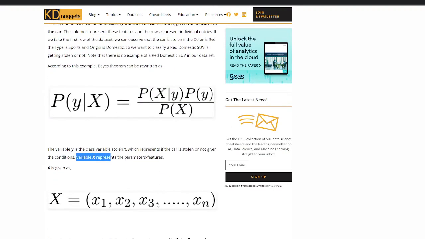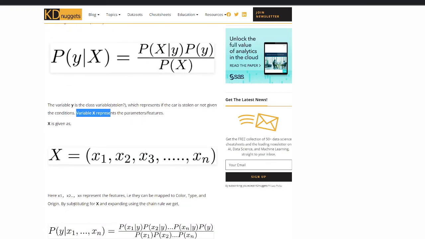These are different features. Because we assume that all the different features are independent and contribute equally to the output, we can predict, given these features, whether the car is stolen or not.